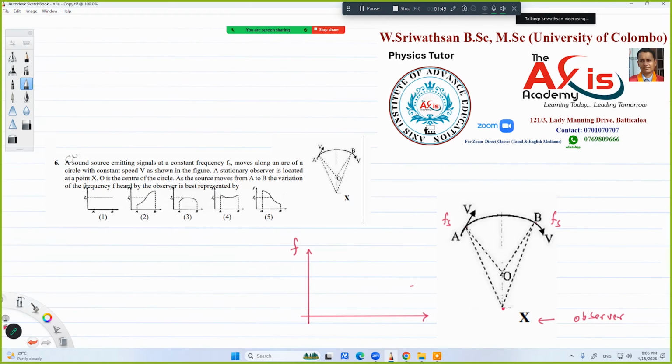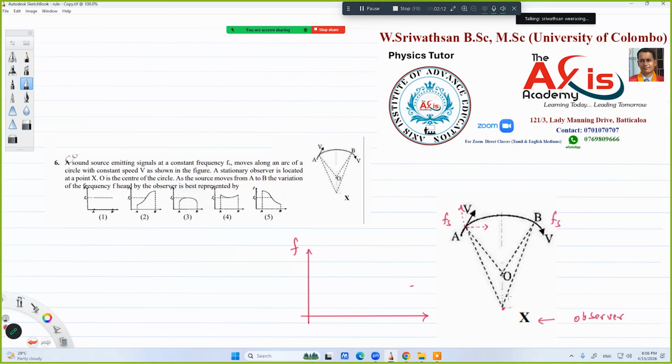To easily identify the graph, we just have to find the components of this velocity. When the source is at A, the horizontal component of v will be like this, and the vertical component will be like this.